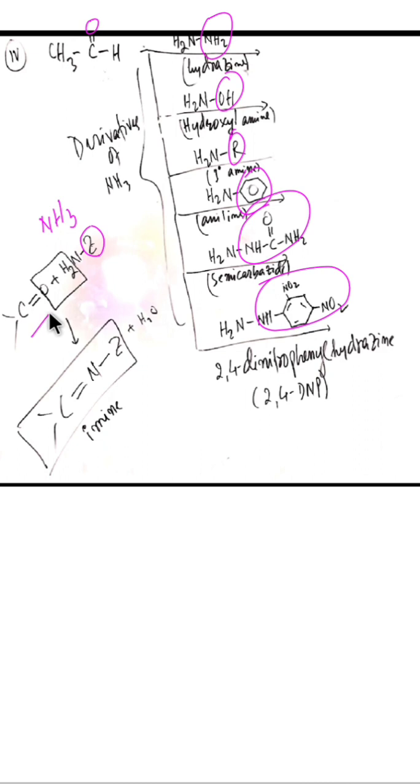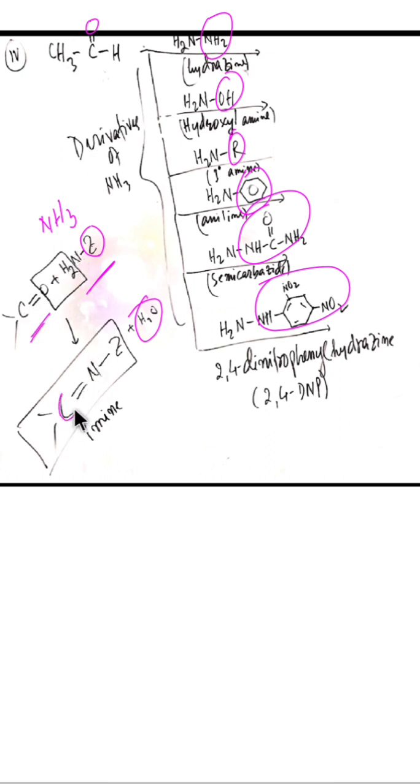This is an aldehyde or ketone, and this is reacted with these compounds which are derivatives of ammonia. Water goes out like this, the O of the carbonyl carbon atom and two hydrogens of this NH2. Okay, so it comes out as water, and there will be a double bond between this carbon atom and this nitrogen.